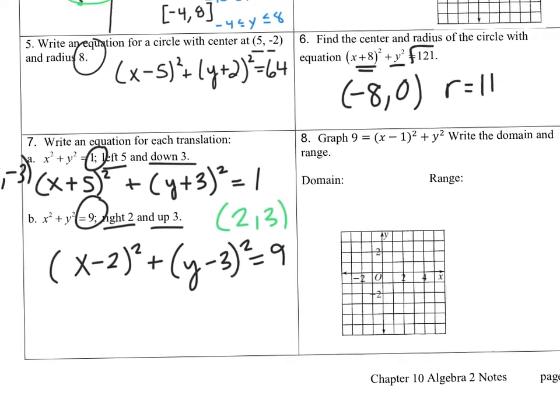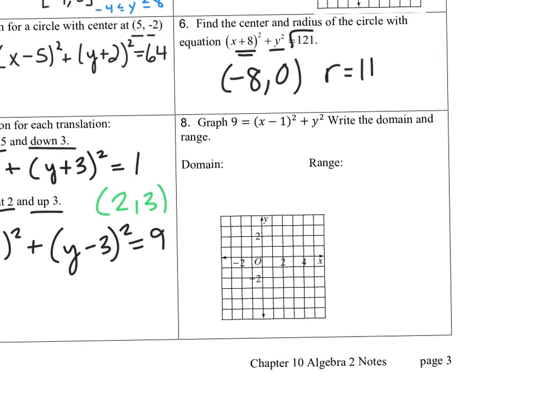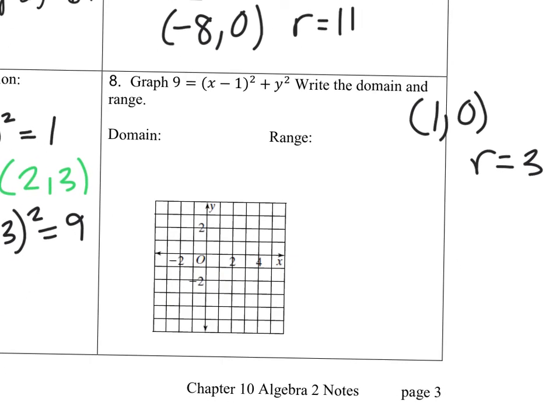And then number 8, I think it would be helpful if you found the center, which is (1, 0), and the radius, which is 3. So I want (1, 0), go up 3, right 3, left 3, and down 3.